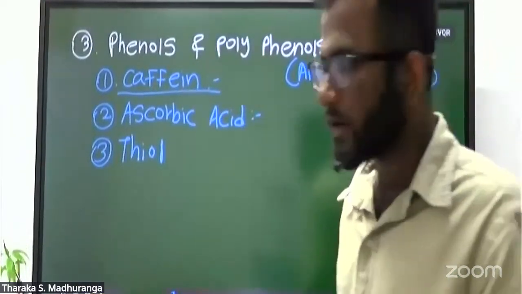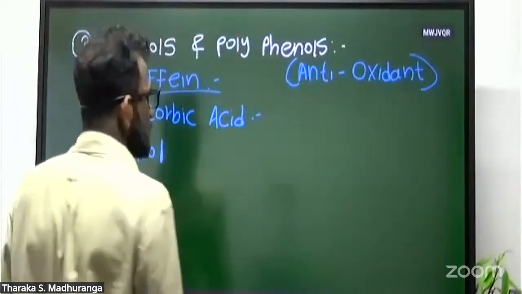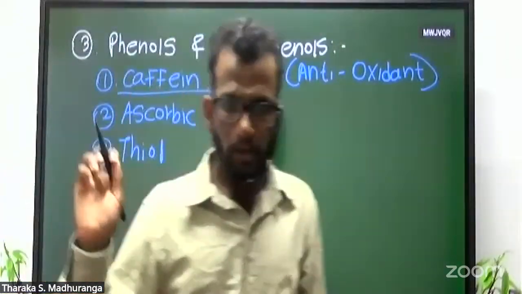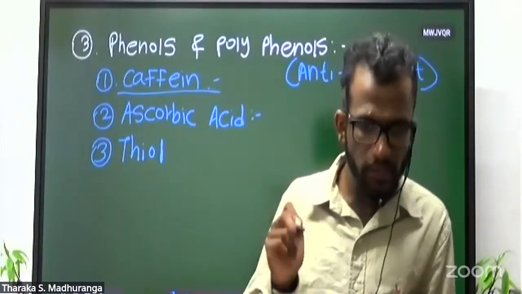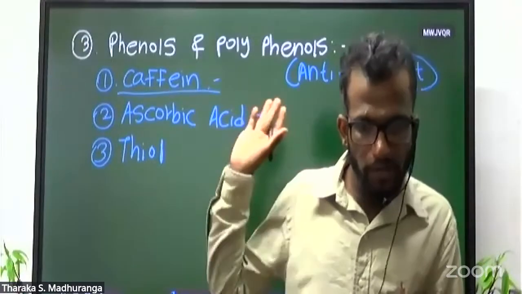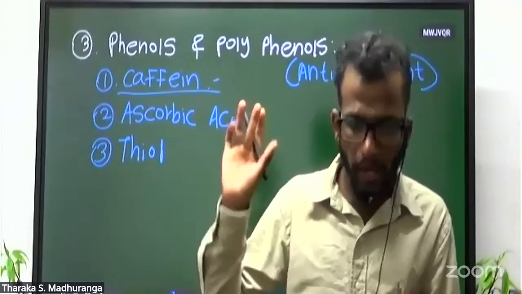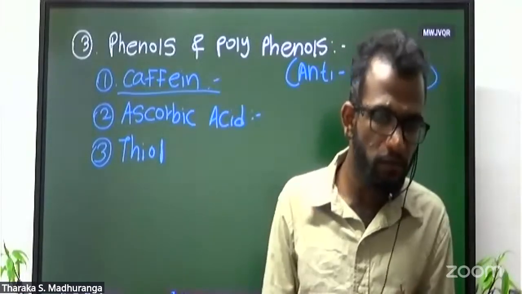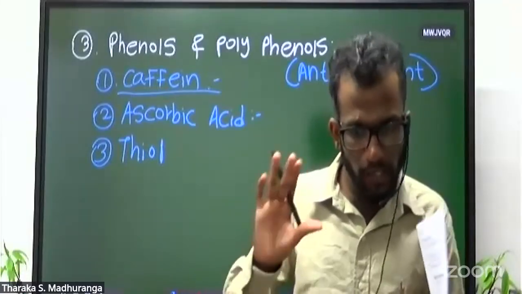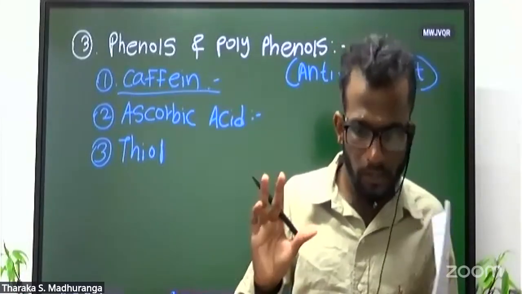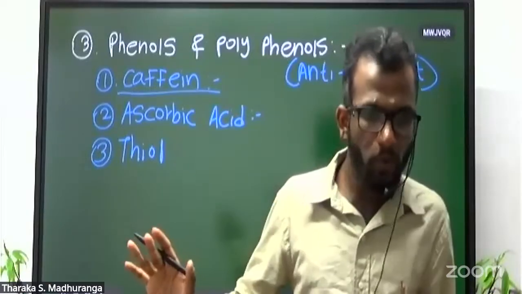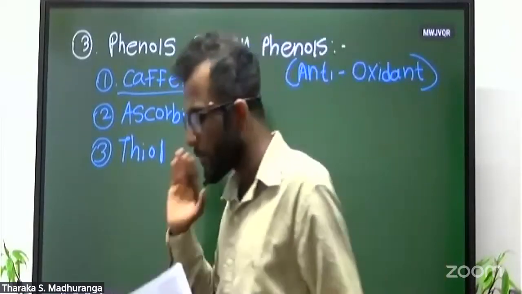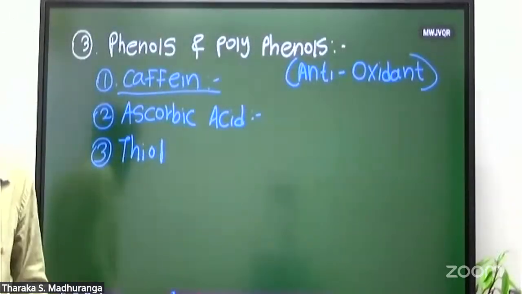Okay. The better thing is each and every name in this lesson. If you want additional knowledge, you can search on the internet and you can find many types of images and videos. Everything you can find. I'm explaining only the basic level required in our syllabus. But if you want more knowledge, you can type one term.